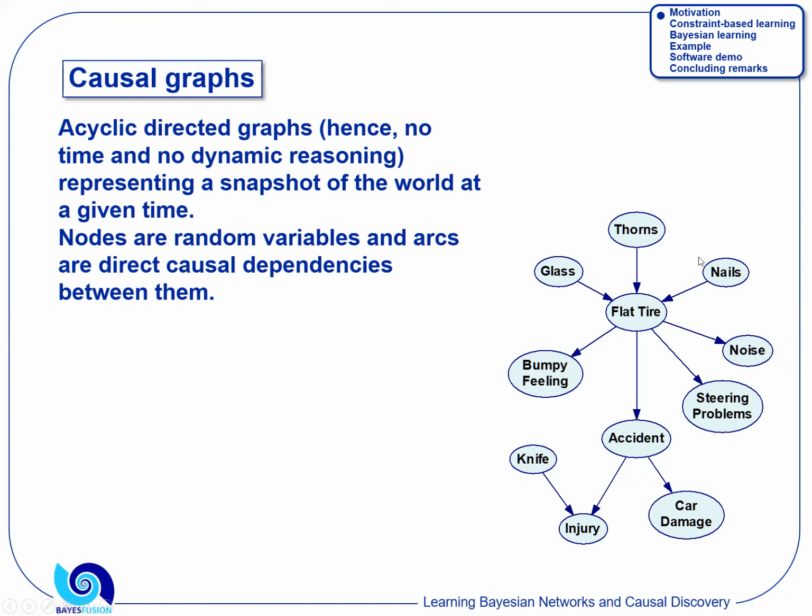Another thing is, of course, the choice of variables that I mentioned. Everything is connected with everything in the world. You know it. In this graph, I made a joke here. You see, an accident caused by a flat tire can cause car damage and injury. Injury can be also caused by a knife and a gun. I decided to leave out a gun and put a knife in my model.